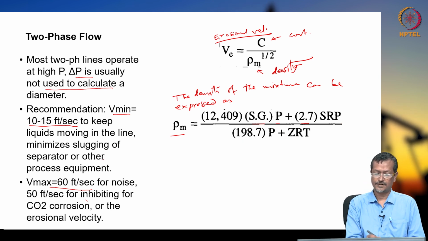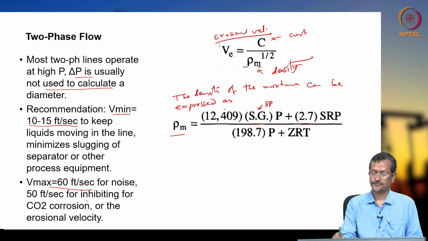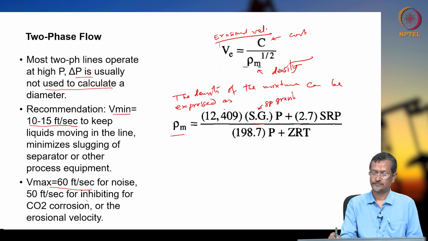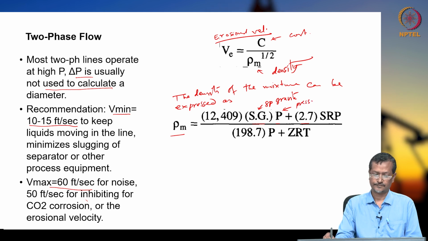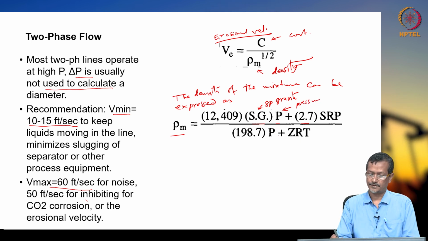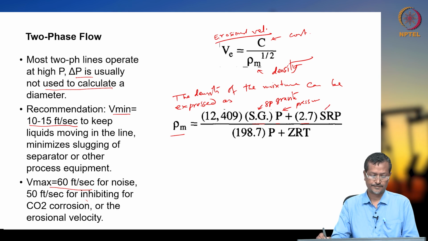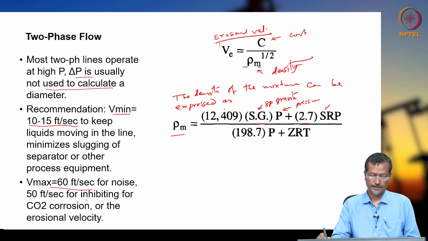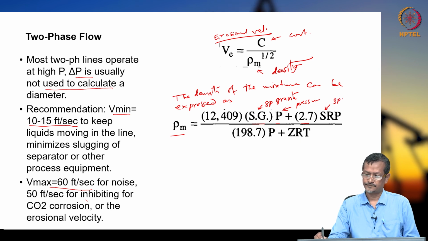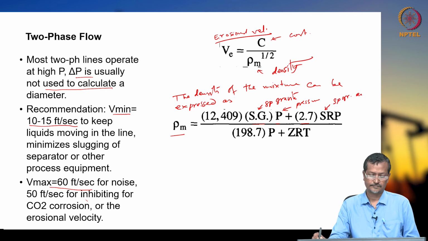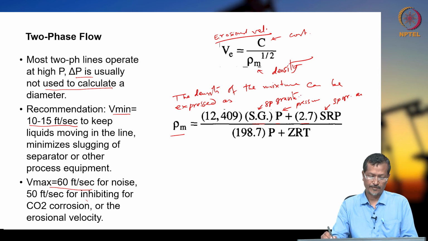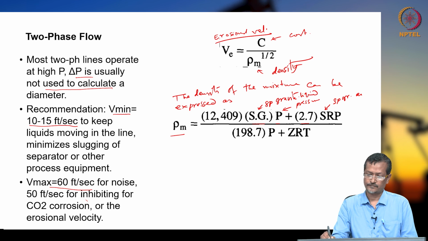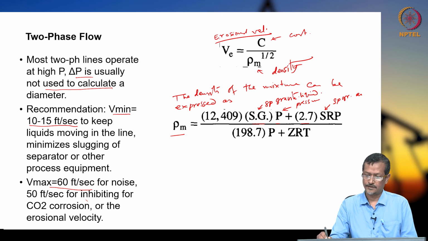So, the terms are: SG, specific gravity, P is the pressure, and S is the specific gravity of liquid relative to water.